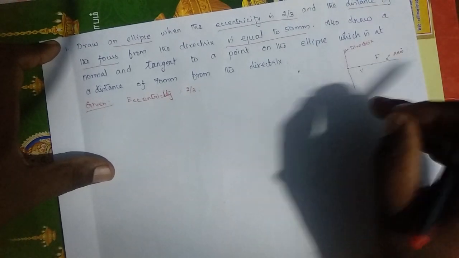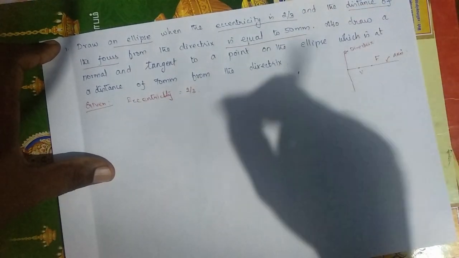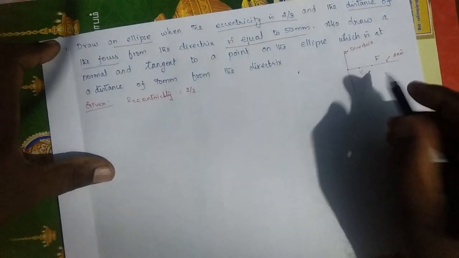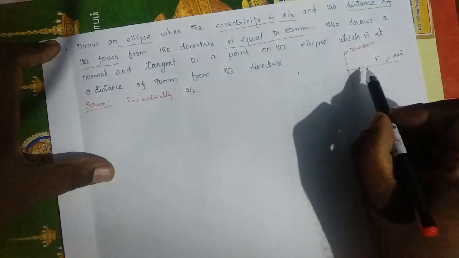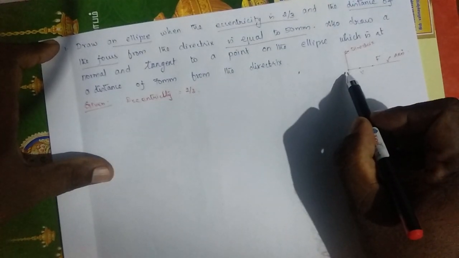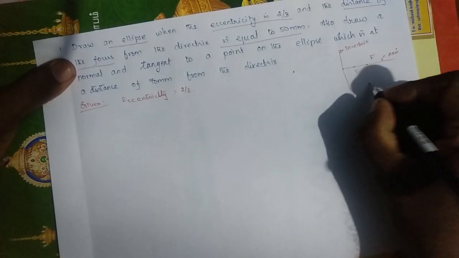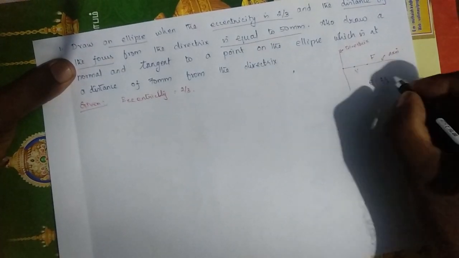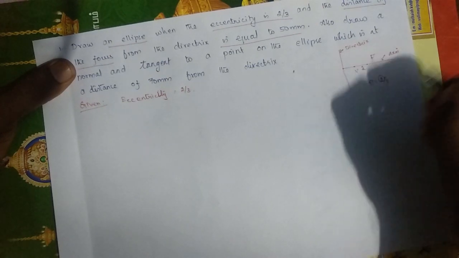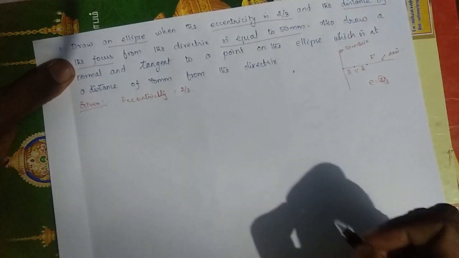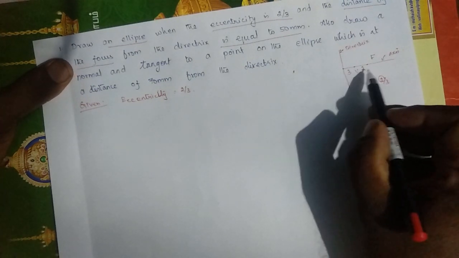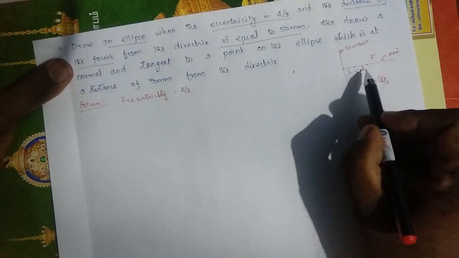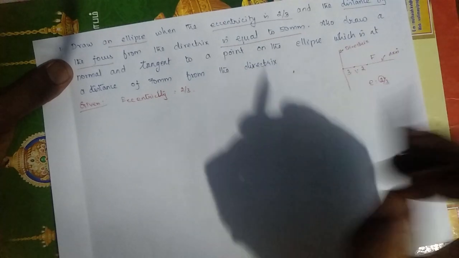For simplicity, just keep in mind to always take from the right side: from focus to vertex is the numerator value and vertex to directrix is the denominator value. So here eccentricity is 2 by 3, which means this becomes 2 and this becomes 3. Whatever the distance, the portion, the proportion is 2 by 3.